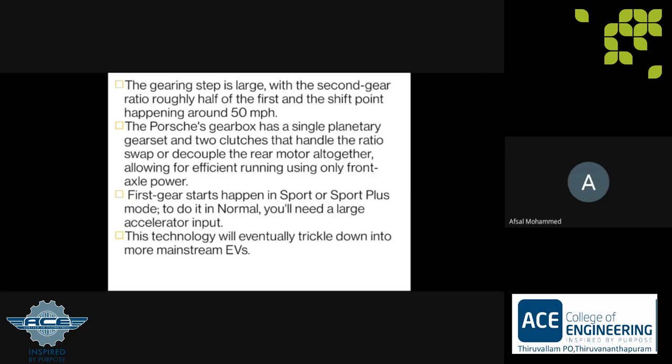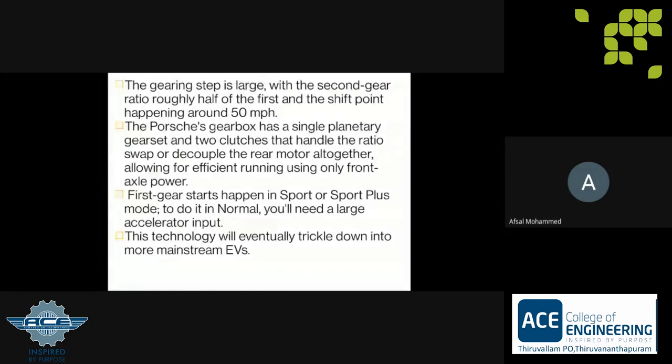This can be seen in the case of the Tata Nexon. The Nexon EV tops out at 120 kmph, whereas its diesel counterparts are capable of going more than 160 or even 170. So electric cars have been affected by this problem a lot. And the two-speed automatic has been Porsche's answer to this.